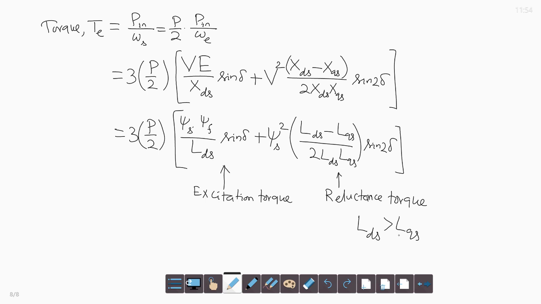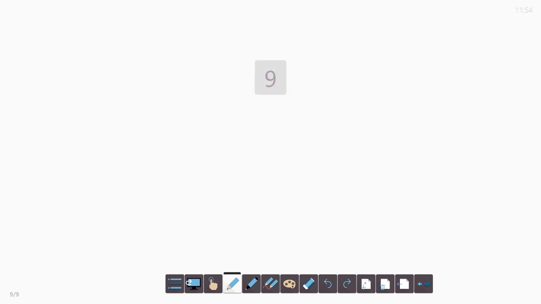So, this torque will be there because of variable reluctance, and this torque is called the reluctance torque. We will discuss how this reluctance torque can be utilized in the reluctance machine, the synchronous reluctance machine. Then one thing we will add is the phasor diagram for the generator.